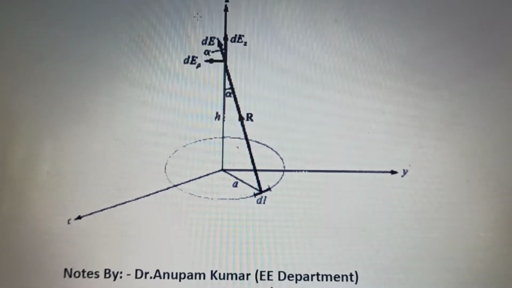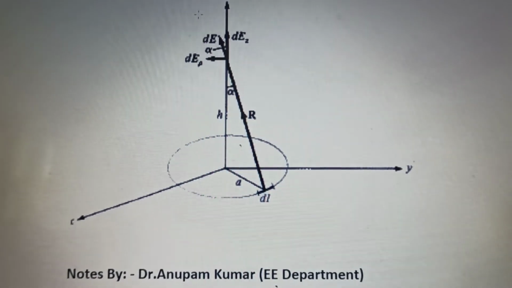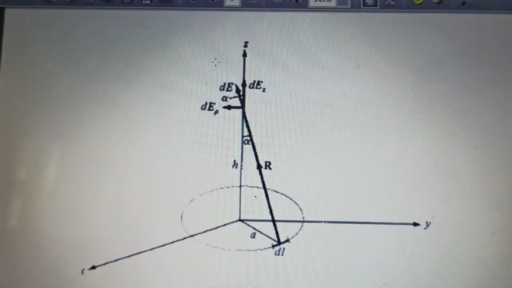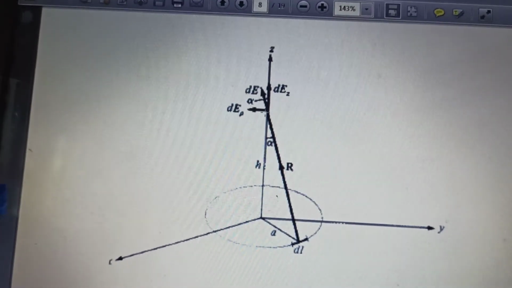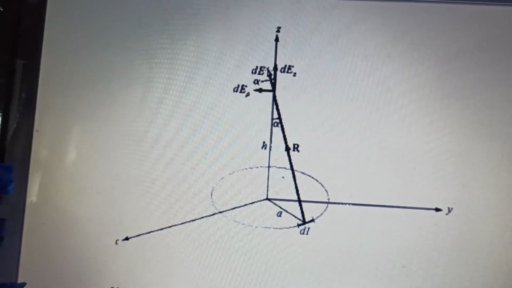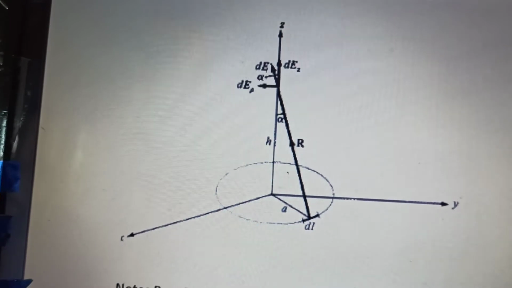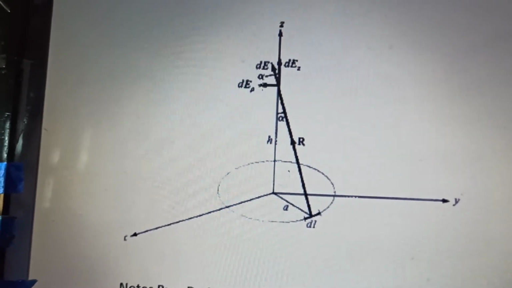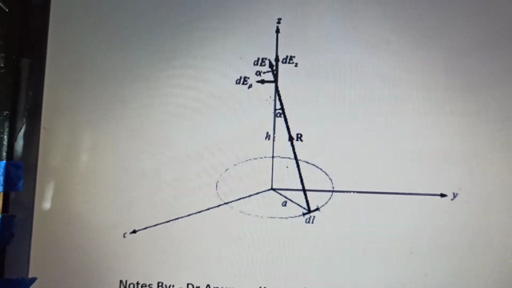So look very closely that R can be bifurcated into rho and theta components. If you take this side, this is rho. So minus rho, opposite of rho, because rho is outside the point and here rho is in the opposite direction.